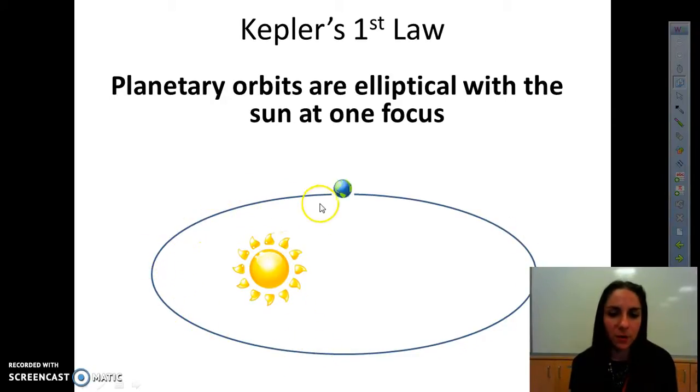The Earth's orbit is actually nearly circular, but it's not a perfect circle, and since it's not a perfect circle, we can say that it's an ellipse. So all orbiting objects travel in an ellipse with the sun, or the central object, at the focus. Now this animation is incorrect. I hope you notice that, because when the object is close to the sun, it's going to have a stronger gravitational force than when it's further away, because the distances are different.